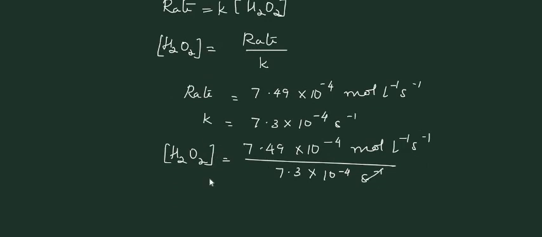So second raised to minus 1 got cancelled, and you will get the answer as 1.026 into 10 raised to minus 4 moles per liter. You have a homework similar to this. Note it down.